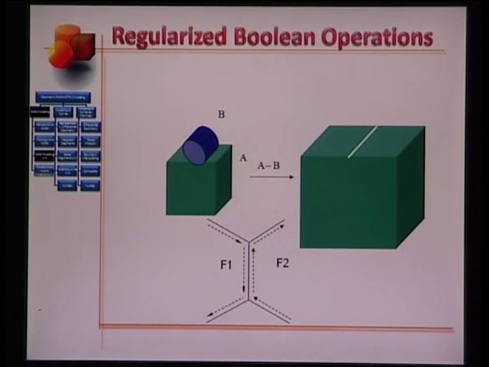Let's take a look at the third example again. The difference between the block A minus the cylinder B. Look at this slit here, which opens up the top face of the block. This corresponds to the common line between the cylinder and the block. There are 2 kinds of singularities.